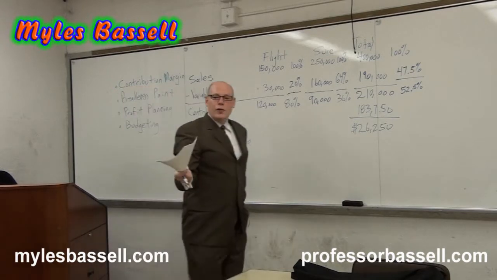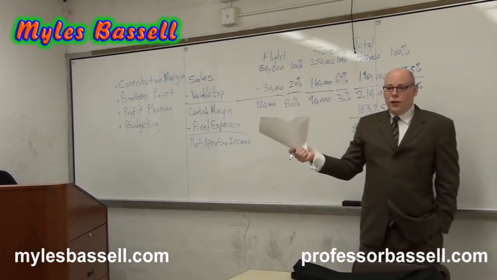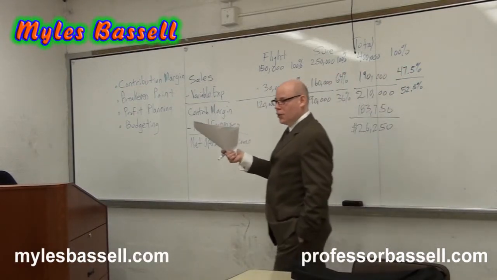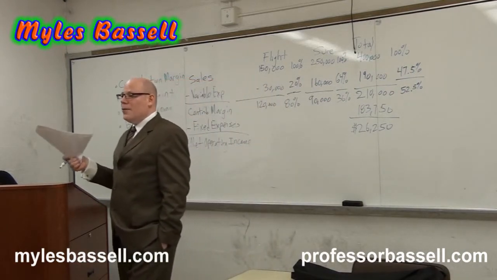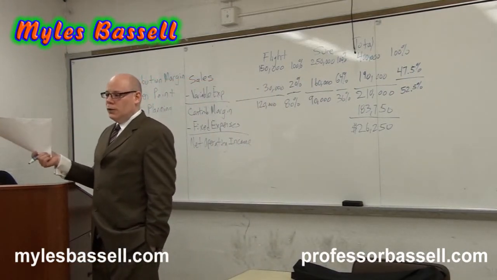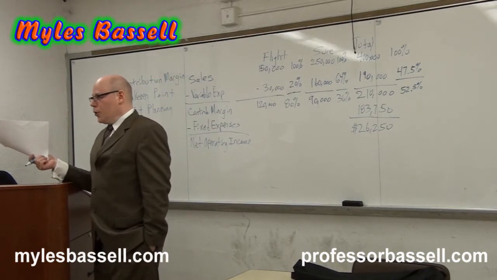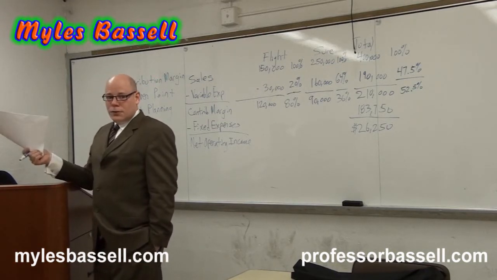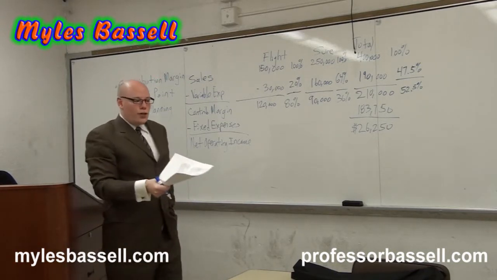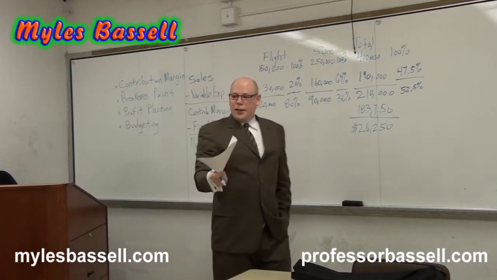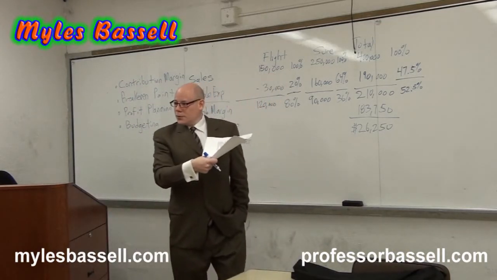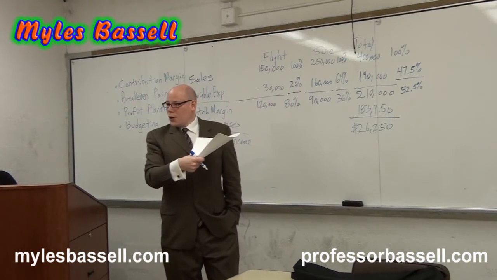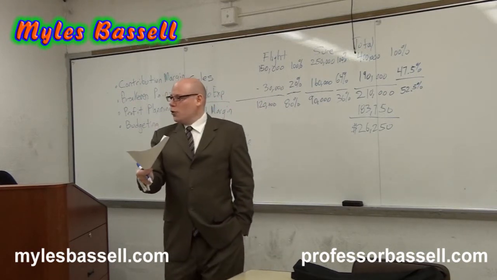So it's not just the dollar amount that we need to consider. We need to consider the percentage. Because if it's very profitable, maybe we have a very small share of the market, but yet our contribution margin percentage is very high, like in this case. Our percentage could be very high, but we might have a very small market share.